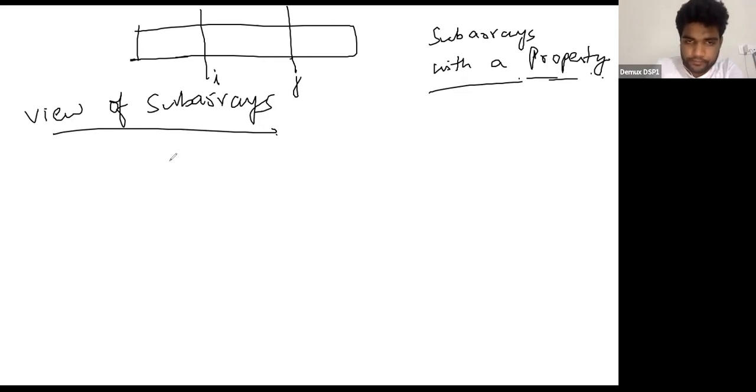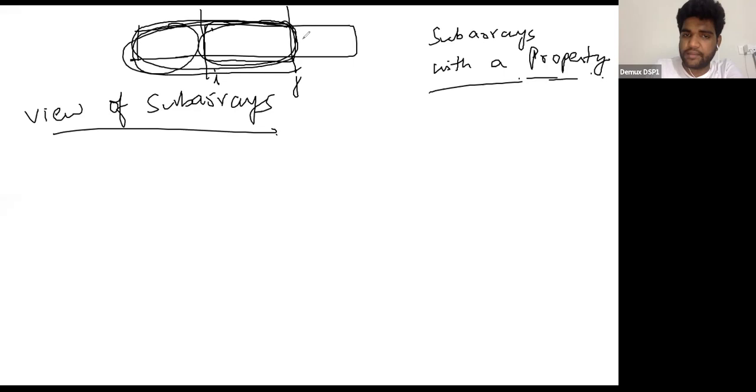So one view of looking at this subarray is that it is actually this entire subarray minus this subarray. Do you understand this? So I will tell you again. This subarray is nothing but this entire subarray minus this subarray.